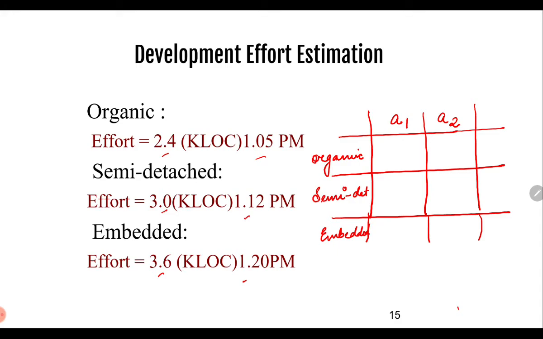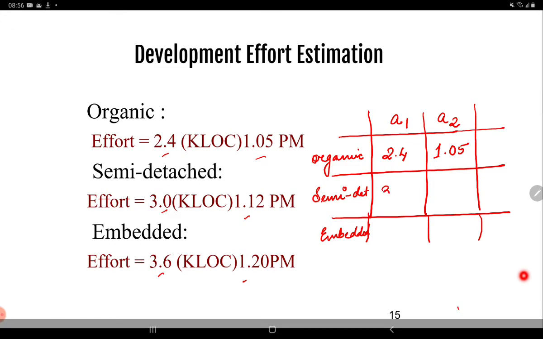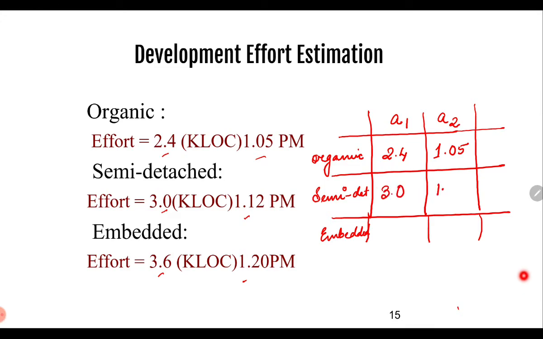So A1 is 2.4 and A2 is 1.05. Again, this is 3.0 and 1.12, and 3.6 and 1.20. So they are the values of A1 and A2.